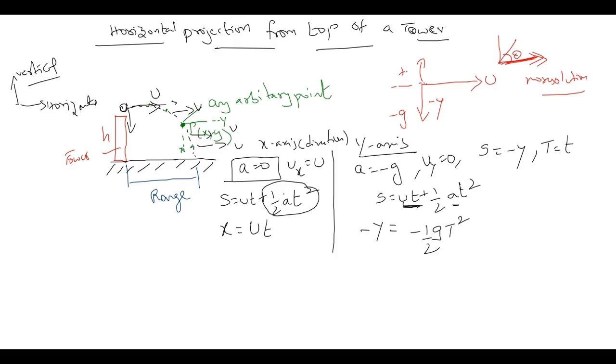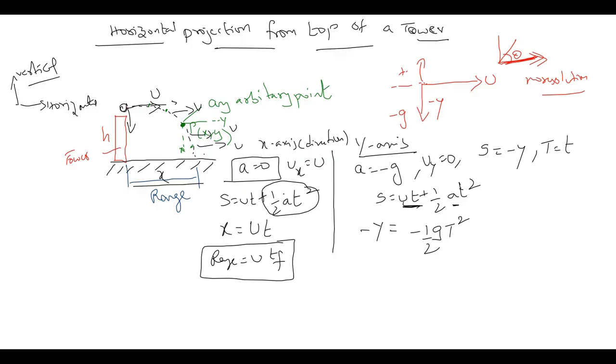Now this x is nothing but range. If you take range, then the time taken will be time of flight. Yes or no? From here to here, time taken will become time of flight. When you take time of flight, then displacement will become 0 along y direction.